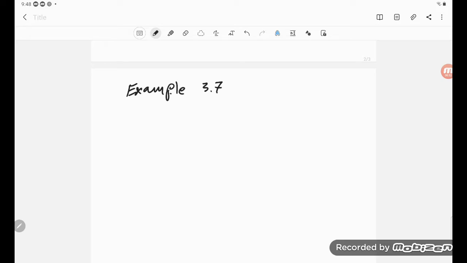Example 3.7. A boy and a girl plan to meet at a certain place between 9 and 10. Each is not going to wait more than 10 minutes for the other.